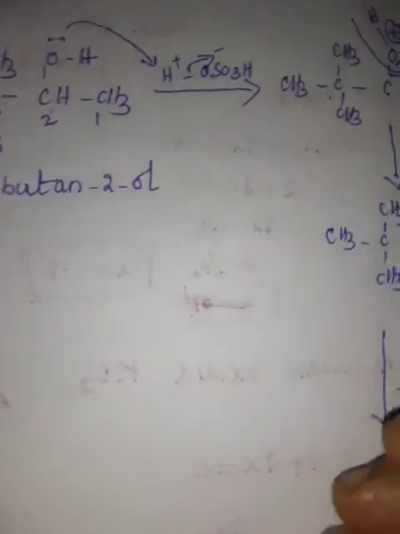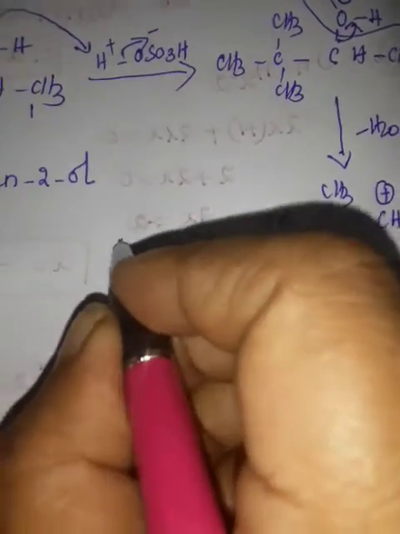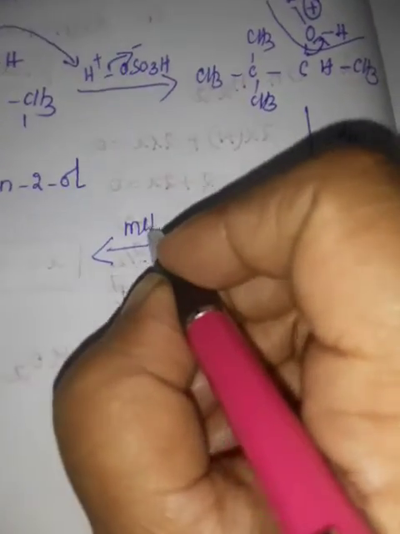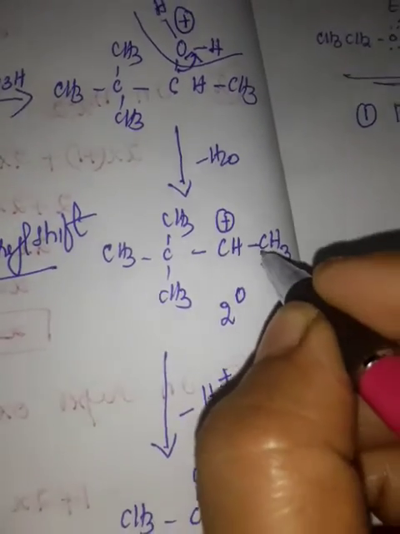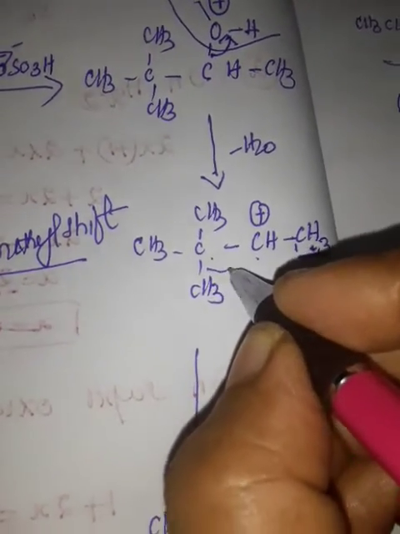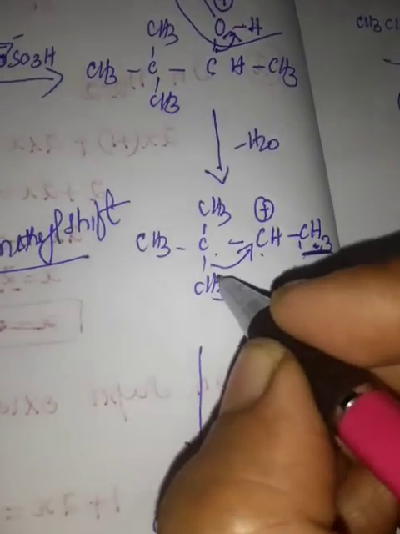Now from this same secondary carbocation, a methyl group is shifted. That is called a methyl shift. This methyl group from the third carbon is shifted to the second carbon.